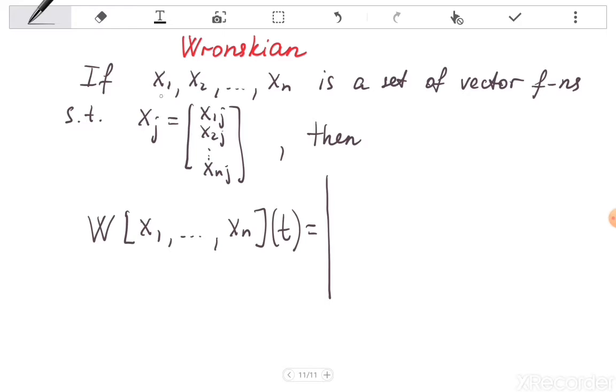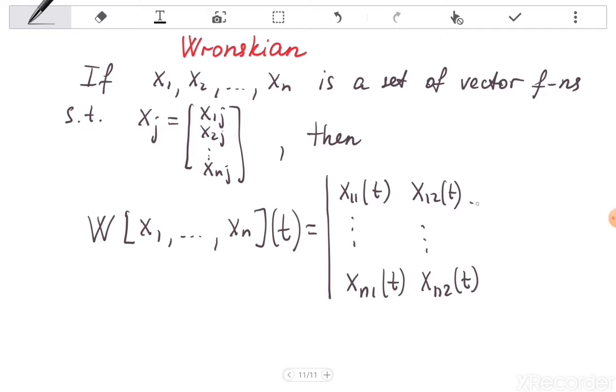So the first column will be the first vector function and so on.